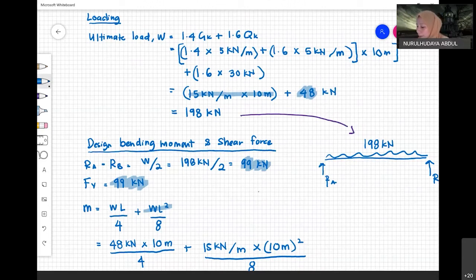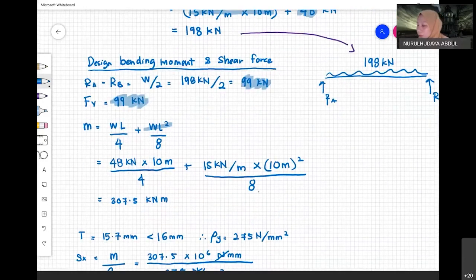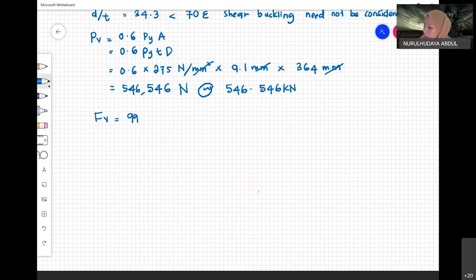You memang akan dapat FV ni 99 and maximum shear force 99. Maximum bending moment you memang 307.5. 99 kilonewton. Compare the value of FV and PV. So FV you memang kecil je, which is memang less than PV. Okay. What does it mean? It is low shear load lah.